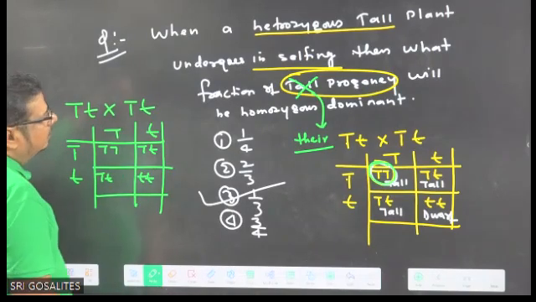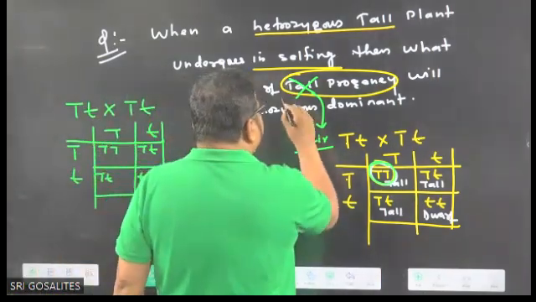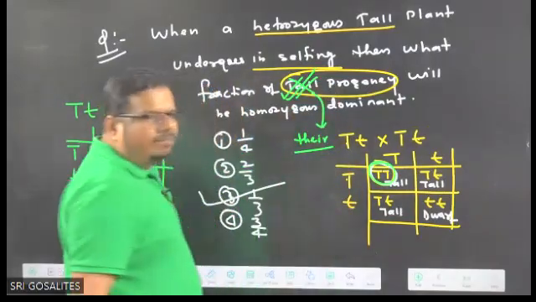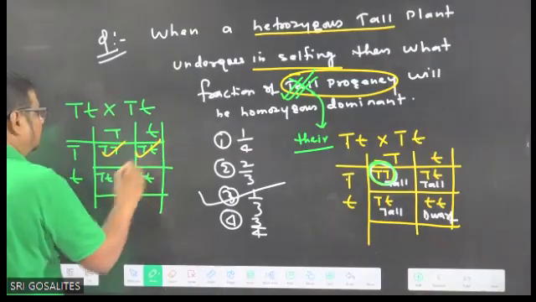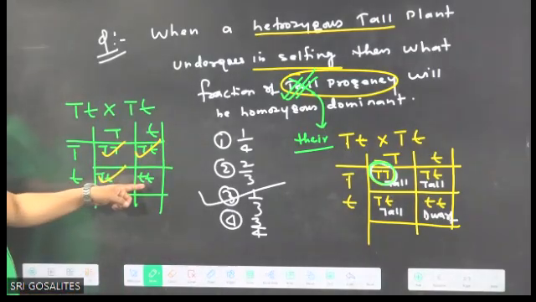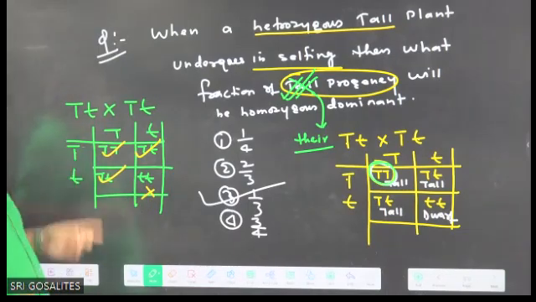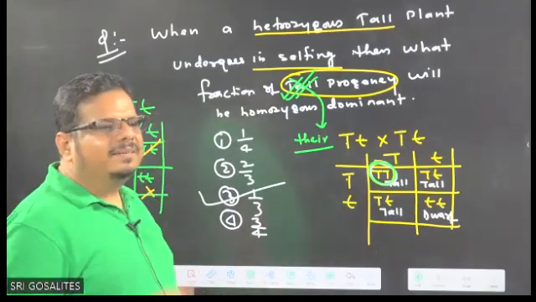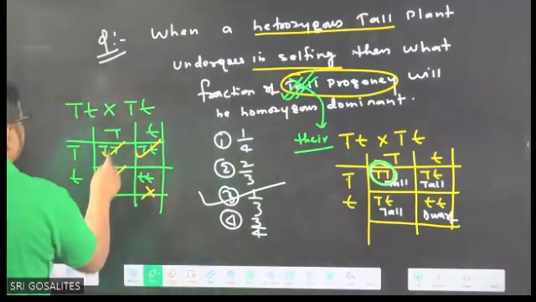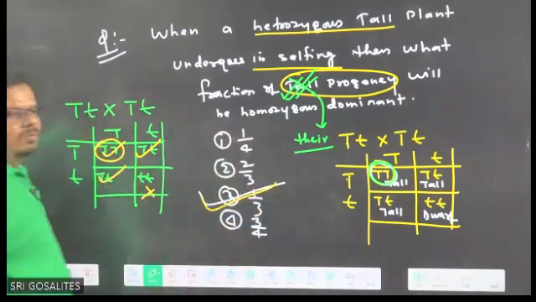Now what is my demand in the question? First demand, what fraction of tall progeny? How many tall progeny? 1, 2, 3. This one is not tall progeny. Out of these 3, how many are homozygous dominant? 1. That is which one? Capital T, capital T. So in that first case, the answer becomes 1/3.